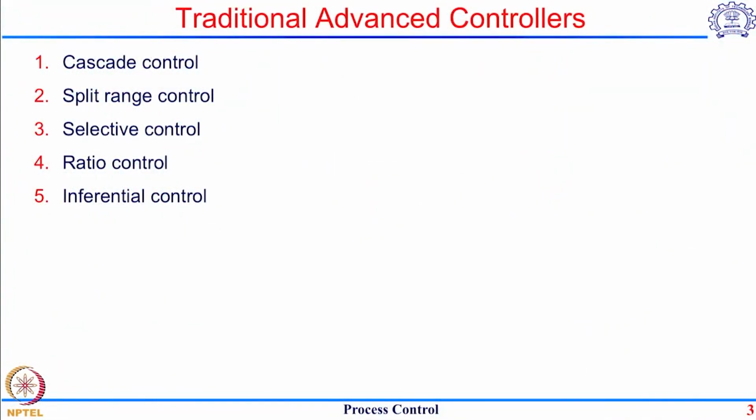You should also be able to identify them when you see them in the field, because they are very commonly utilized in the chemical industry. So we will go through these 5 traditional advanced control strategies: cascade control, split range control, selective control, ratio control and inferential control. Let us start with cascade control.